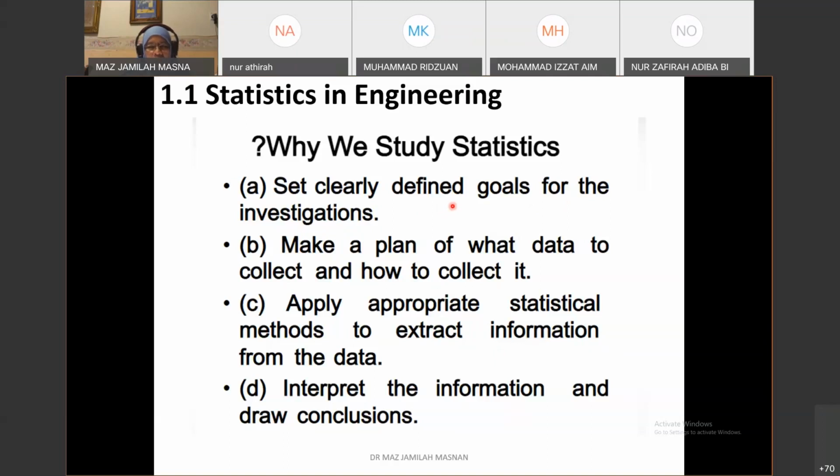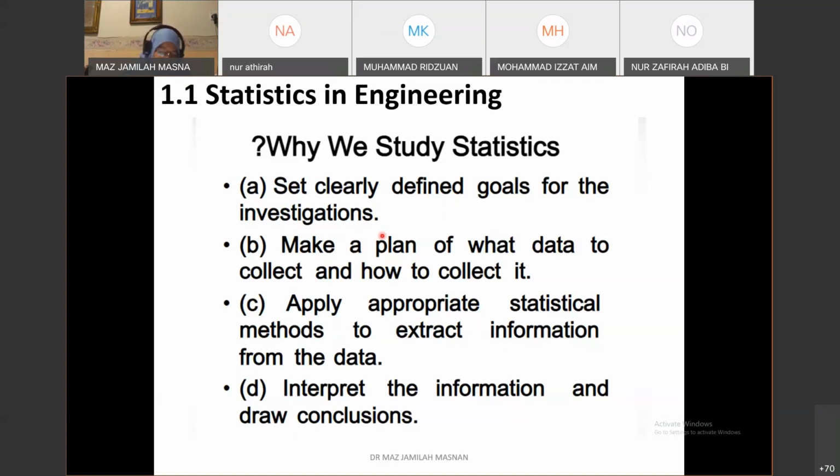Before you collect your data, you will have to think about what information you need, and that information will be based on what you want to achieve. That's why you have to set your goal.